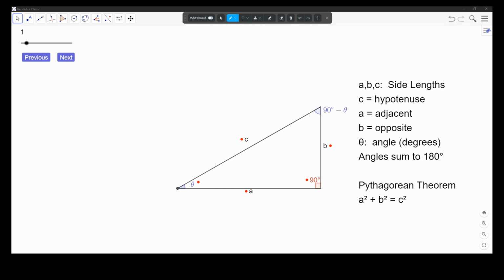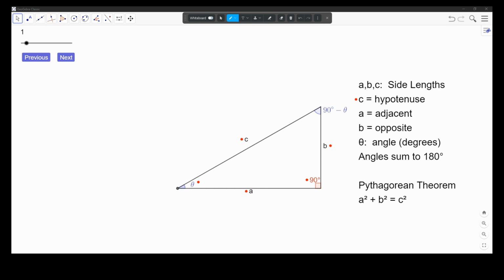Okay, and the units of the angle are degrees. Now, there are alternate names for the sides A, B, and C. The longest side is also known as the hypotenuse.